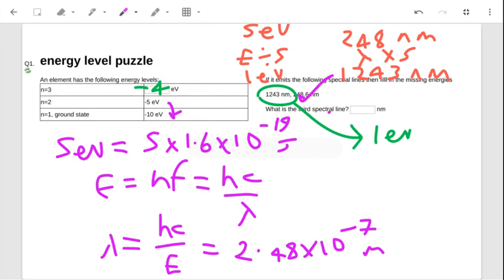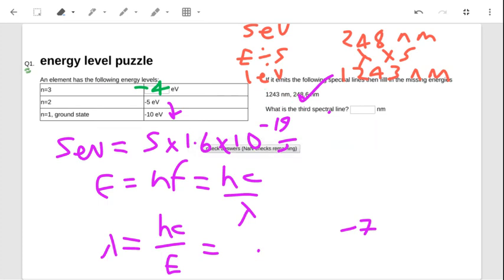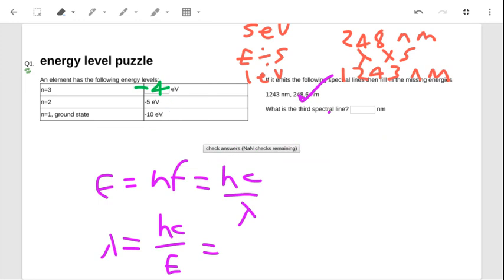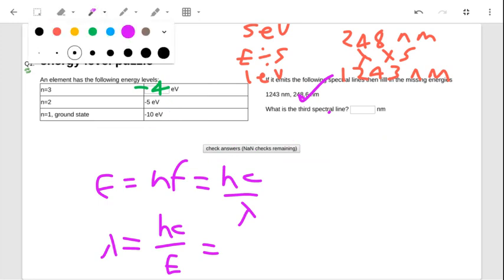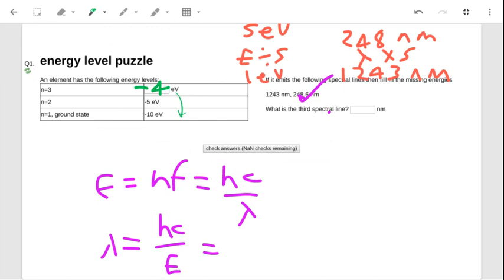The final spectral line, if I make a bit of space now, is from the top energy level all the way down to the bottom. So that's going to be this jump here, and that's going to be 6 electron volts.